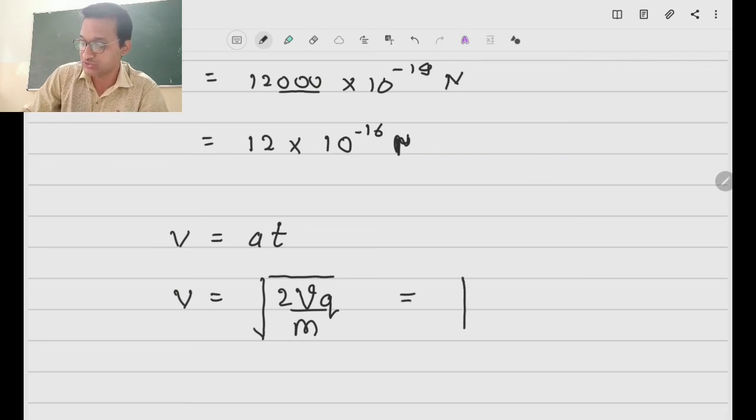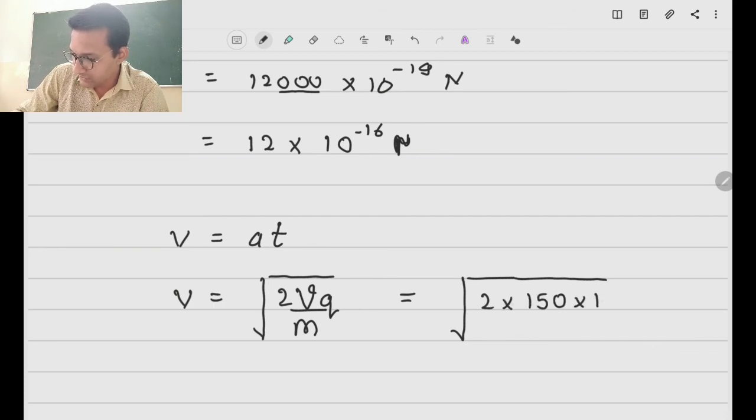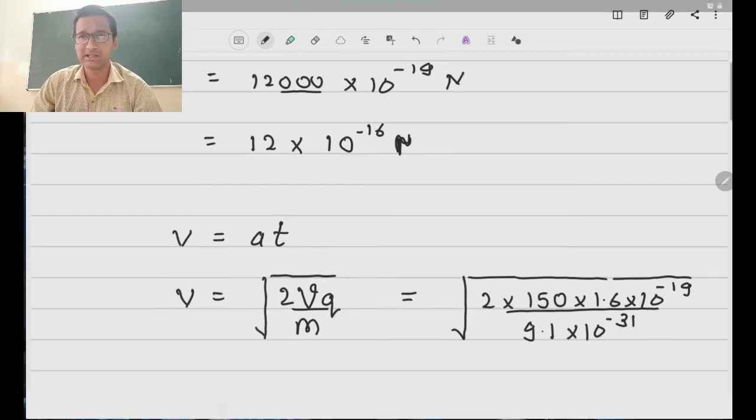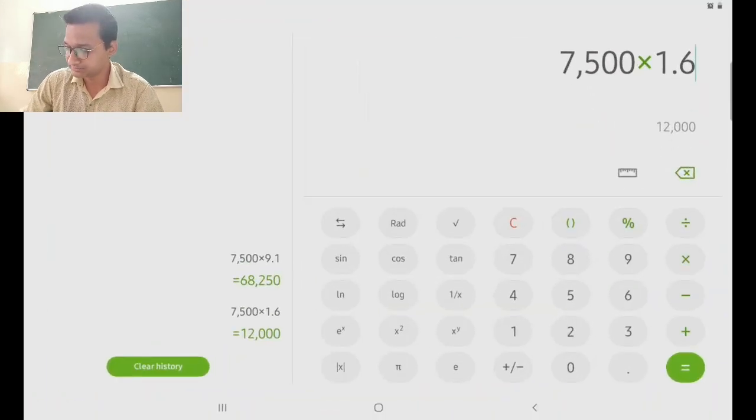This formula we can use, we have all the terms. So it will be 2 into potential difference is 150, charge is 1.6 into 10 raised to minus 19, and we know the mass of electron, so 9.1 into 10 raised to minus 31. Now let us try to calculate this.